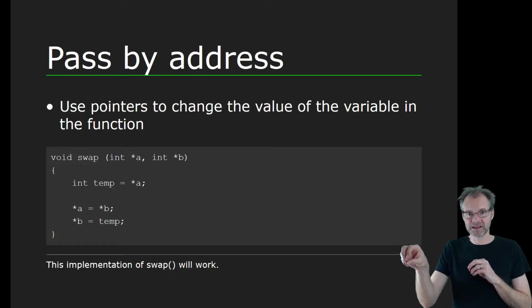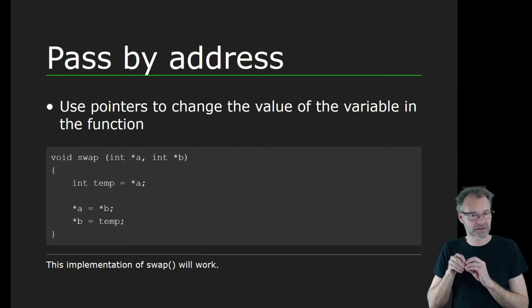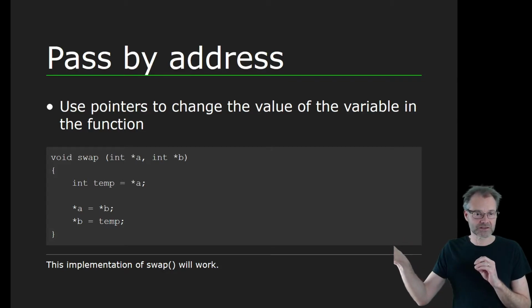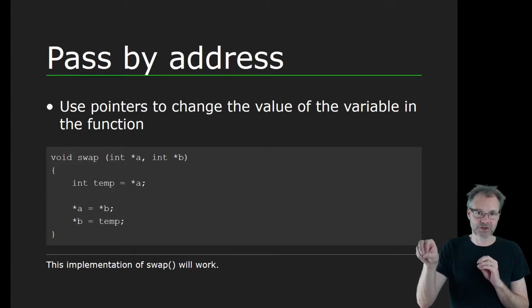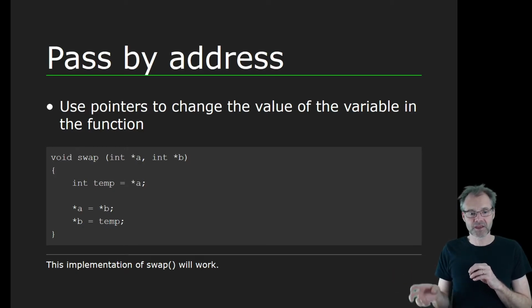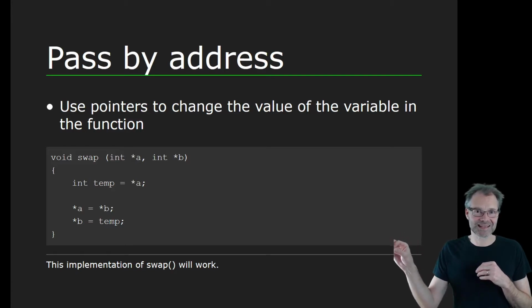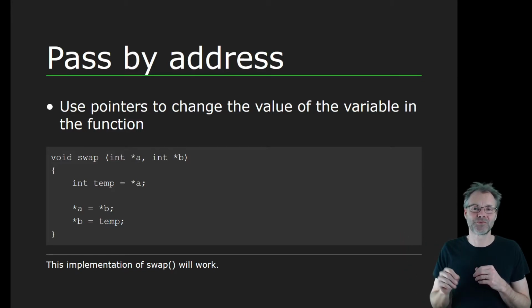We are reading directly from the memory, taking the value from A and storing it in a temp. And then we are reading the value from B, putting it into the memory of A, and then we assign B the temp value. So now we have switched the content of the data cells that these two are pointing to.